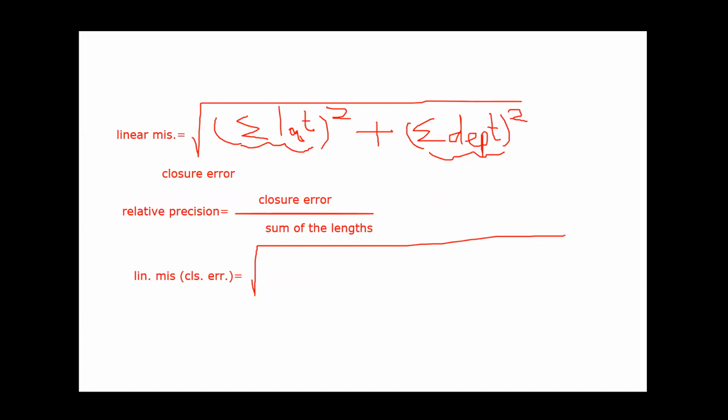the square root of 0.7 squared. I didn't put the negative, that's fine, because I'm going to square anyway, plus 0.3 squared. If you did the math, according to the math I have here, that equals 0.76.